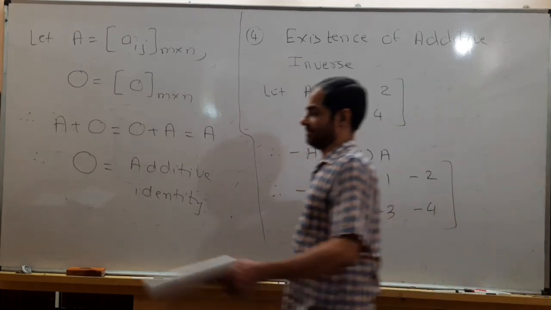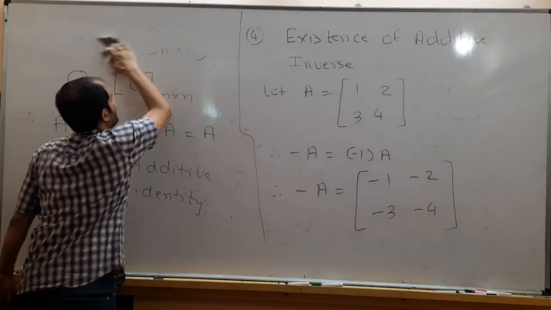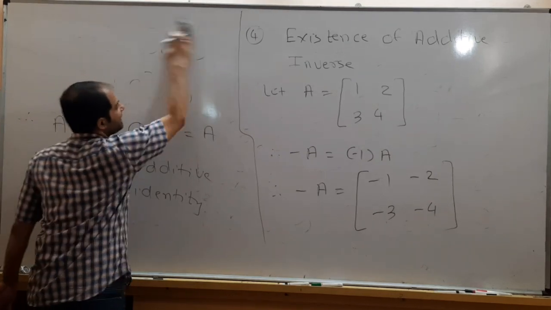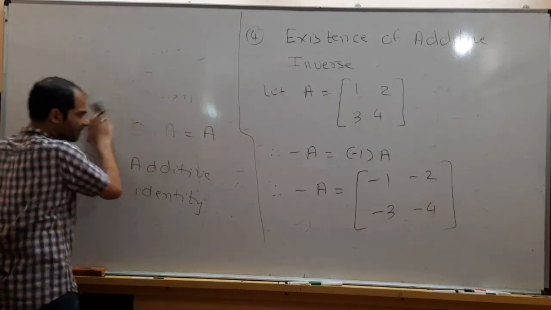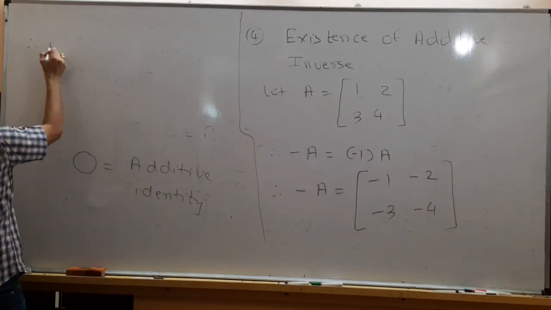And if I add them, you know what you will end up getting? A plus minus A will give me what? Yes, the majority of you know it. Personally, I think all of you know it.